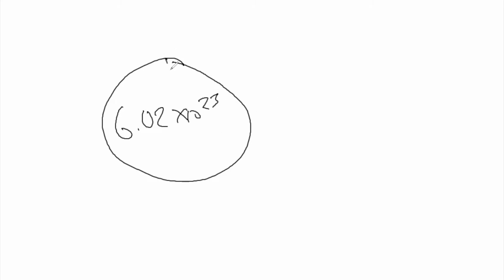If we were to make a cut down the middle, then now what we would have on half of it would be half of 6.02. So on this side, we would now have 3.01 times 10 to the 23rd.